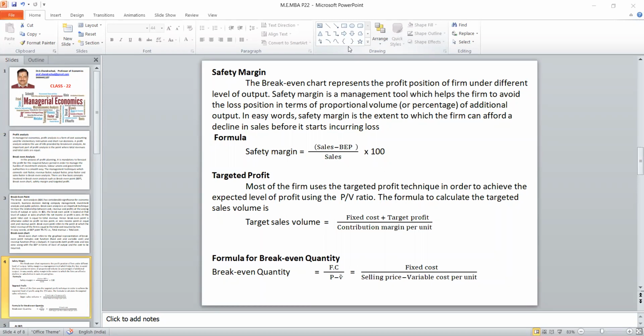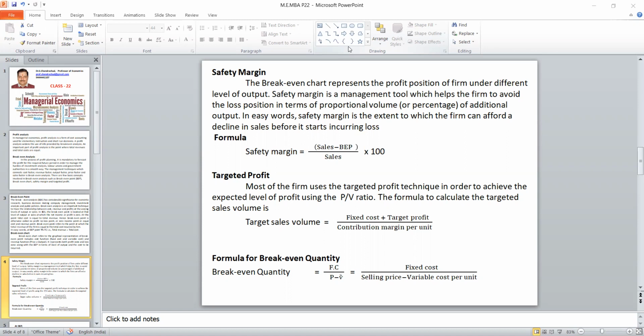What is break-even point? Then safety margin means some firms don't want to end up in loss. So in order to avoid the loss position, they change the break-even point formula to (sales minus BEP) divided by sales into 100. That particular margin will be fixed while calculating the break-even. The third possible question is what is targeted profit? Most firms use the targeted profit technique. Why?